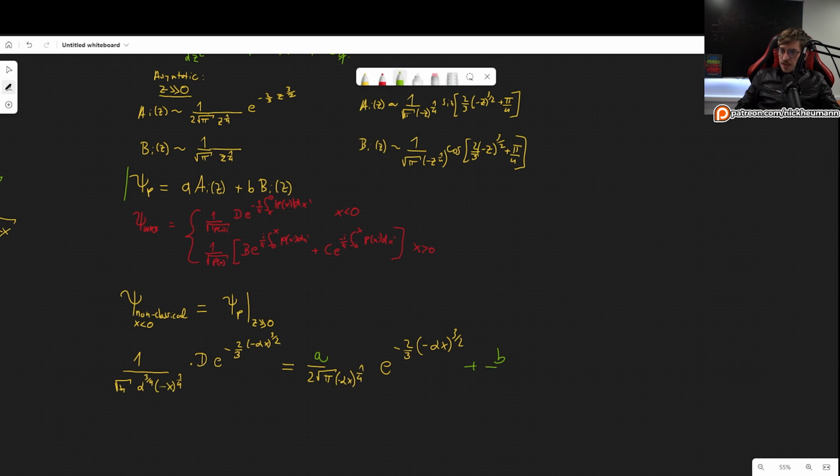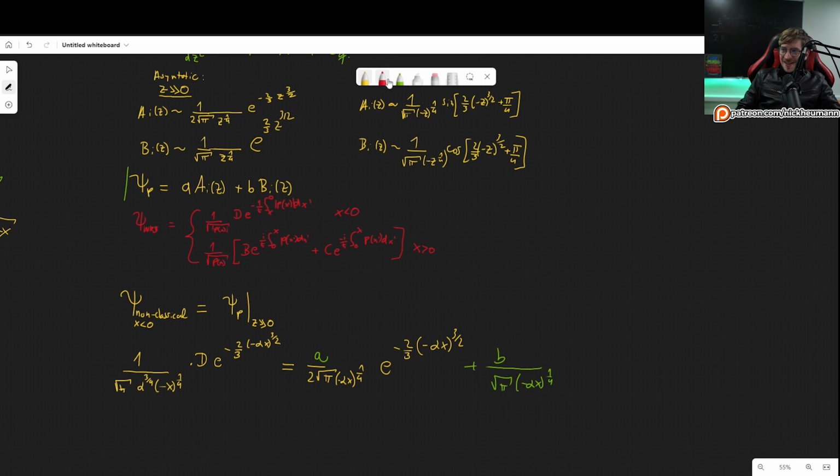Okay, so plus b divided by the square root of pi, z to the 1/4, but z is minus alpha x. Wait, I just realized that I apparently didn't finish copying this case of the Airy function. I'm sorry. z to the 3/2.